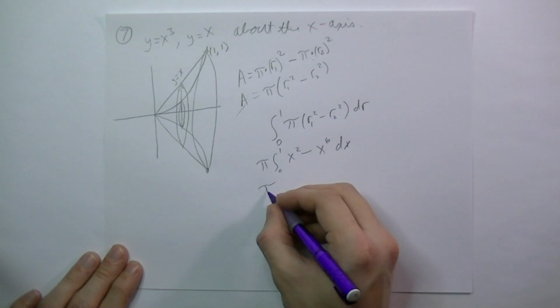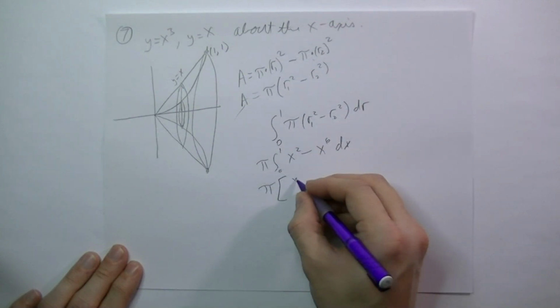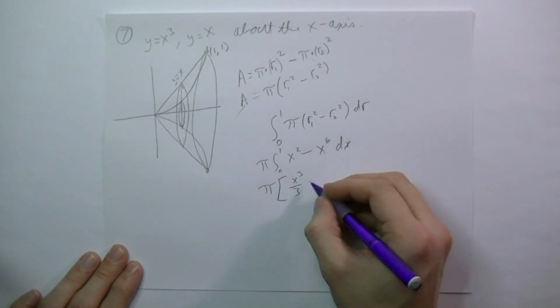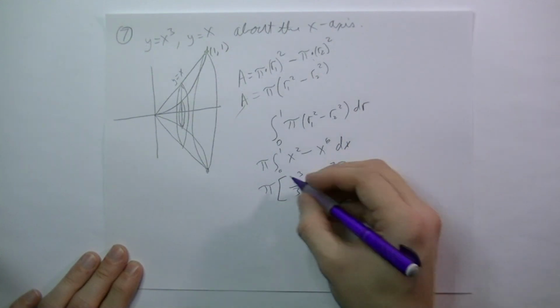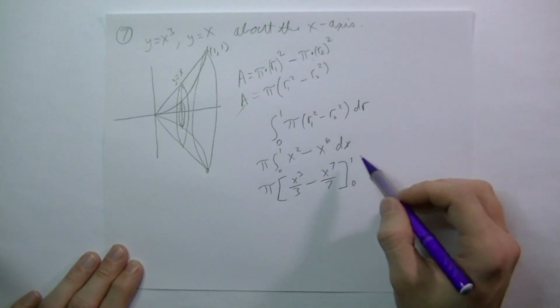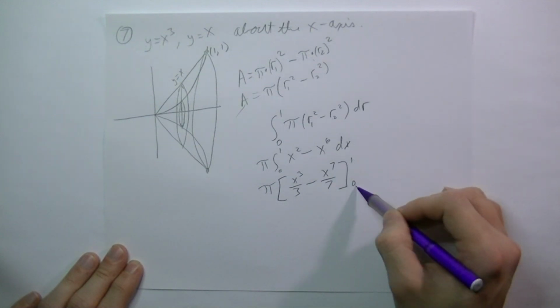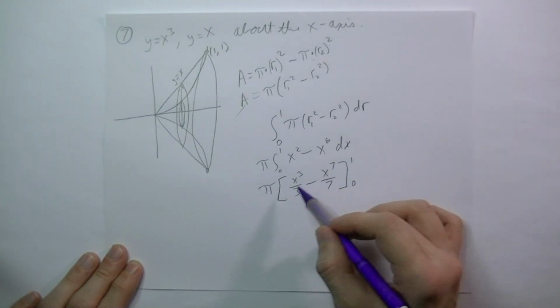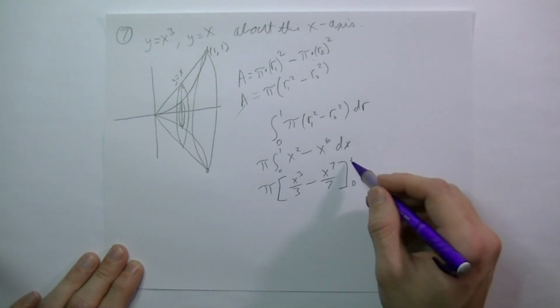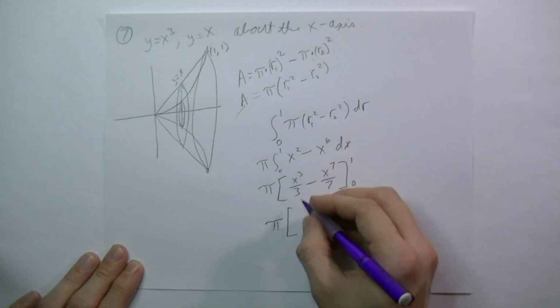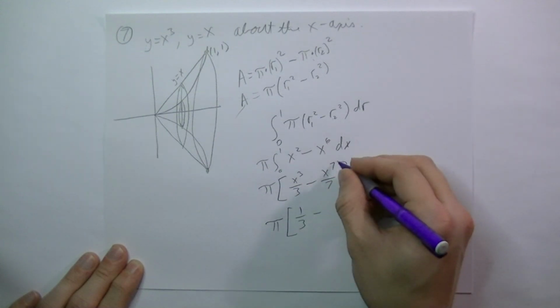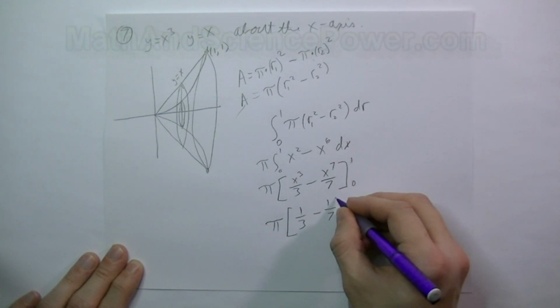Okay, so let's integrate. This becomes x cubed over 3 minus x to the 7th over 7, and evaluating from 0 to 1. So the 0 doesn't matter because when I plug in 0, it's going to make both of these 0. So all I have to do is plug in the 1. 1 cubed is 1 over 3 minus 1 to the 7th is 1 over 7.